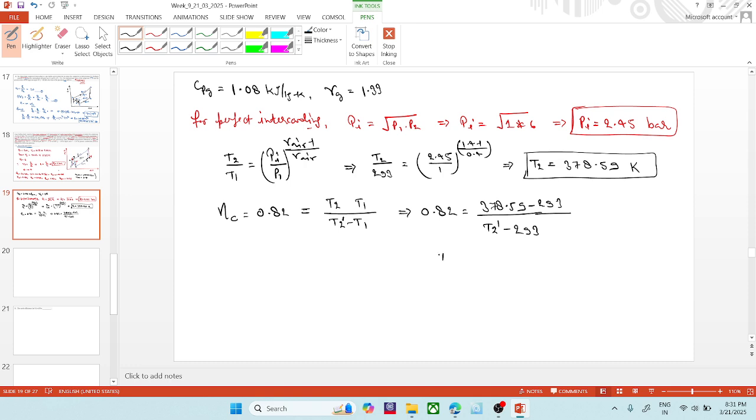So from here T2 dash would be 397.37 Kelvin.